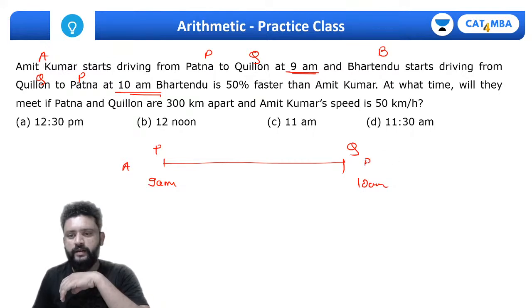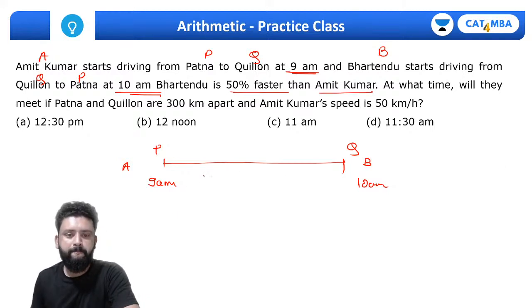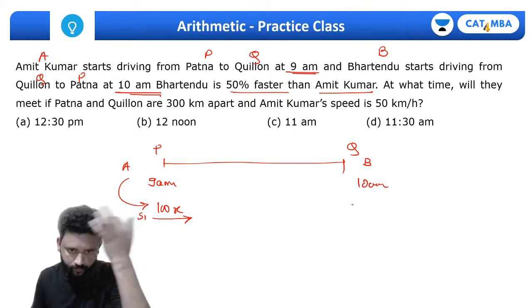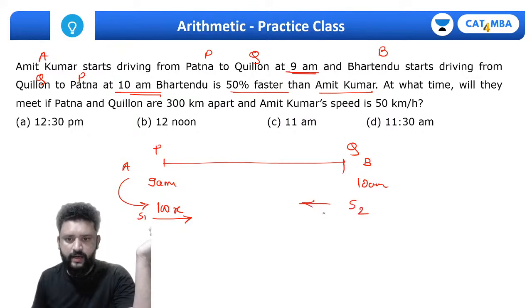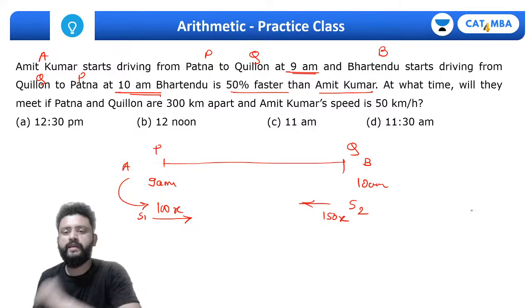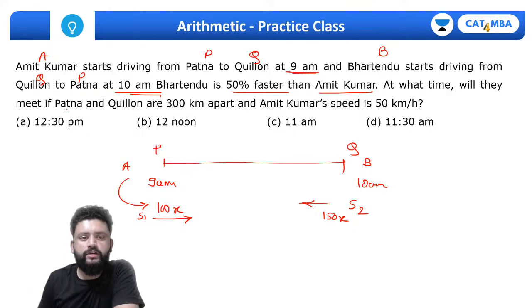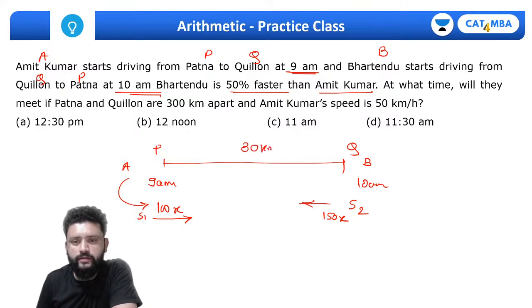A started, then B started. B is 50% faster than A. So if A's speed is 100x, S1, S2 must be 150x. Keep easy values. What time will they meet if P and Q are 300 km apart?